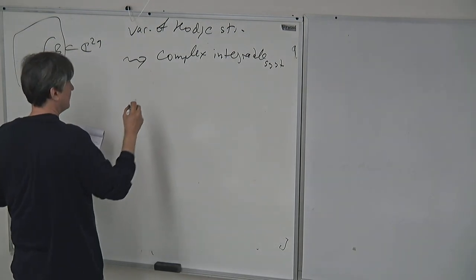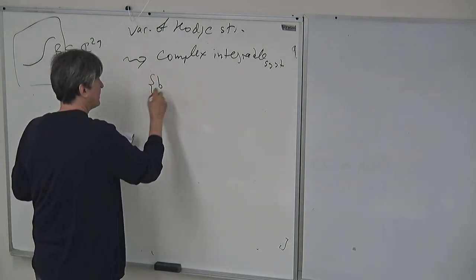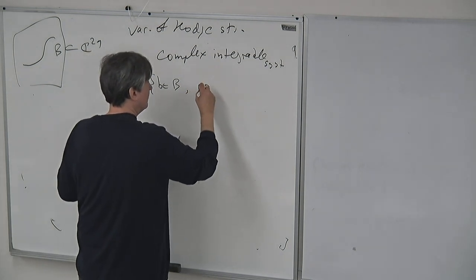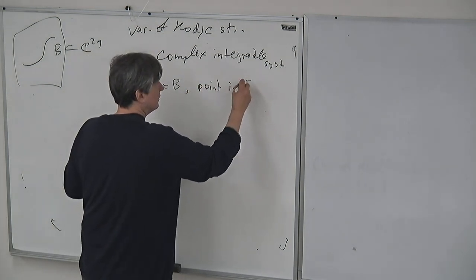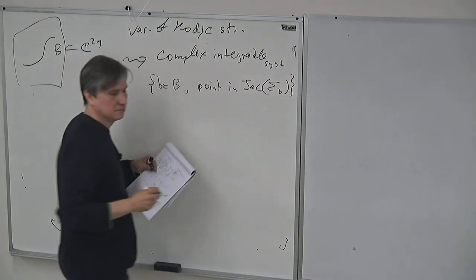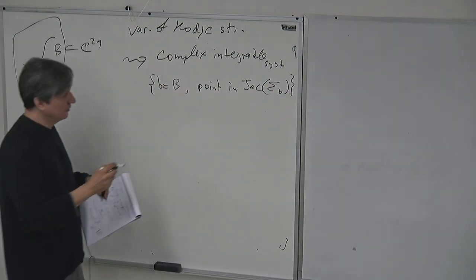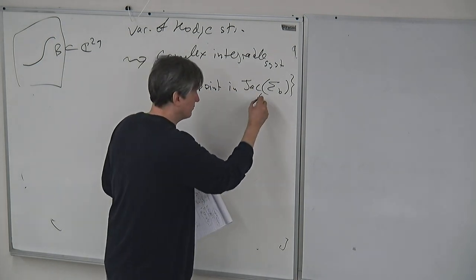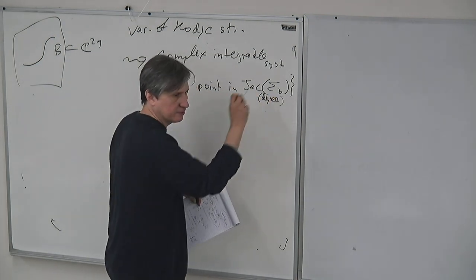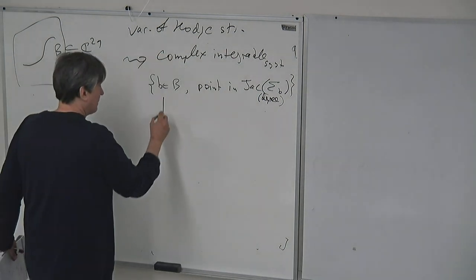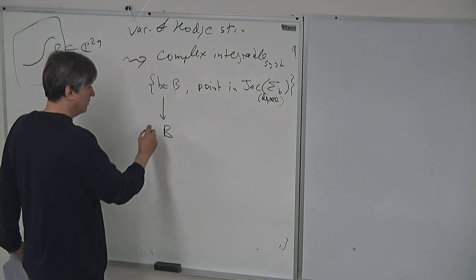Namely, consider the set of pairs: a point in B and a point in the Jacobian of your curve. And for the Jacobian, you can also consider line bundles of a certain degree, not degree 0, but some degree 1, or I don't know what is good. And you consider the map to B, forgetting the Jacobian.